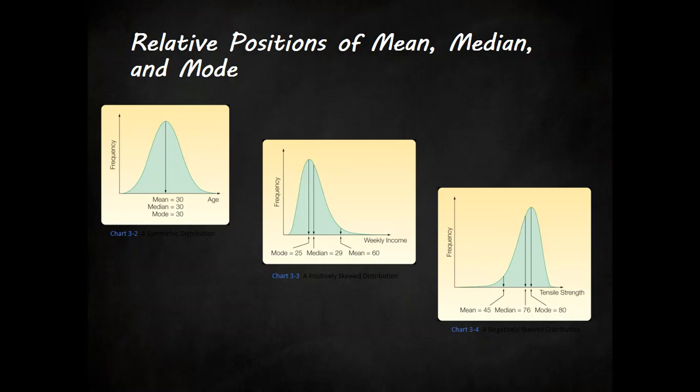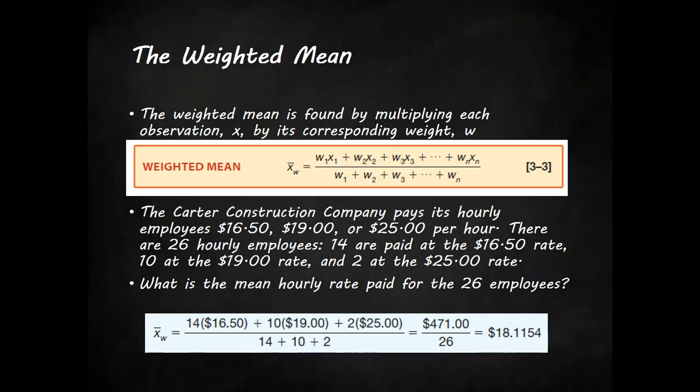Okay, so we're going to get into the weighted mean now, how to calculate the weighted mean. The weighted mean is something that you can do when you have multiple observations of a single value or of multiple values.